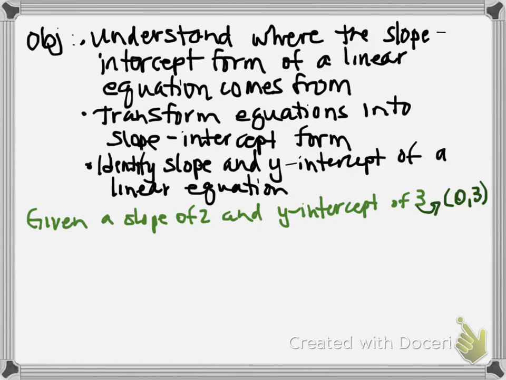Then we're going to use the formula for slope, m equals y sub 2 minus y sub 1 over x sub 2 minus x sub 1. Now, we're given a second ordered pair, so we decided we were going to use just generic x, y as our ordered pair.